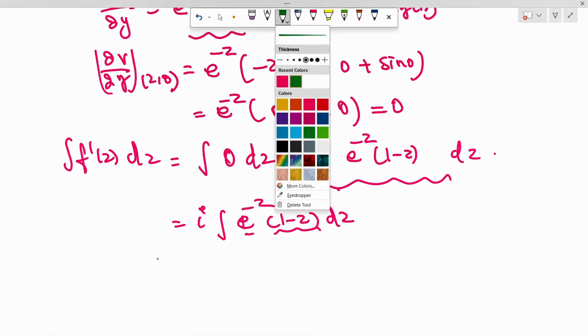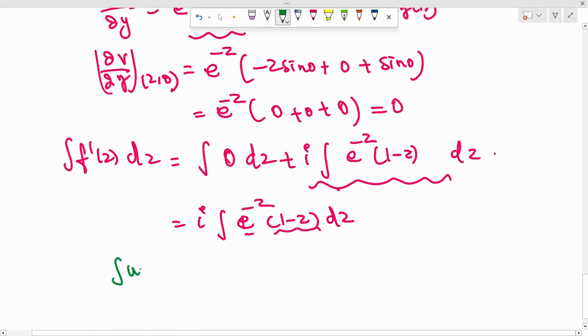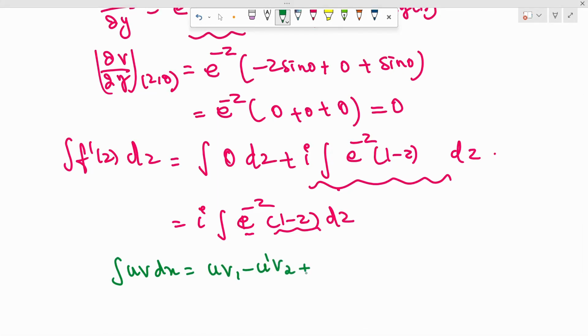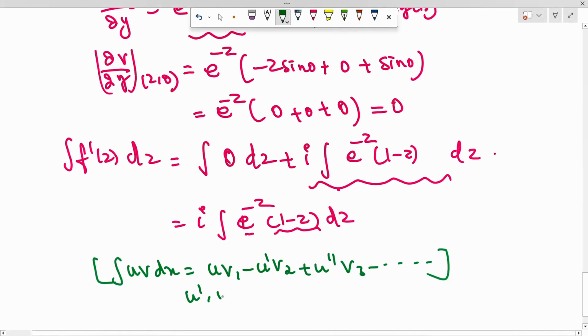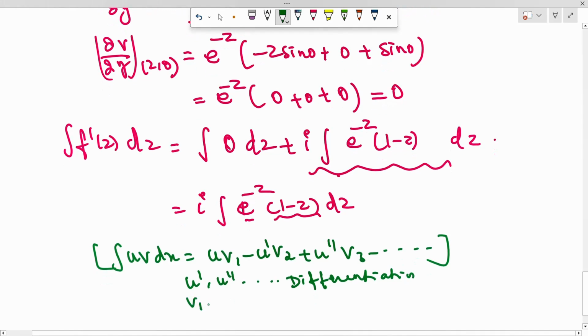Bernoulli's formula is the integral of uv dx equals u v1 minus u dash v2 plus u double dash v3 minus and so on. Here u dash, u double dash, u triple dash are the differentiation part, and v1, v2, v3 are the integration part.